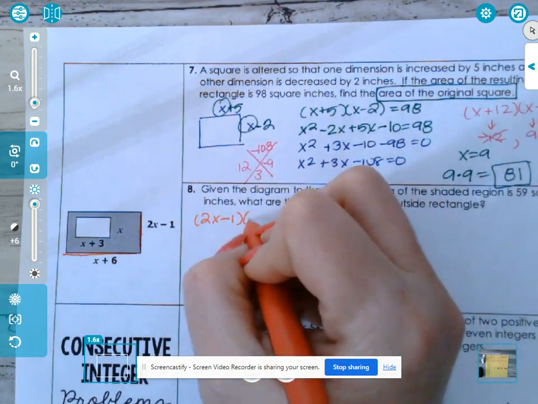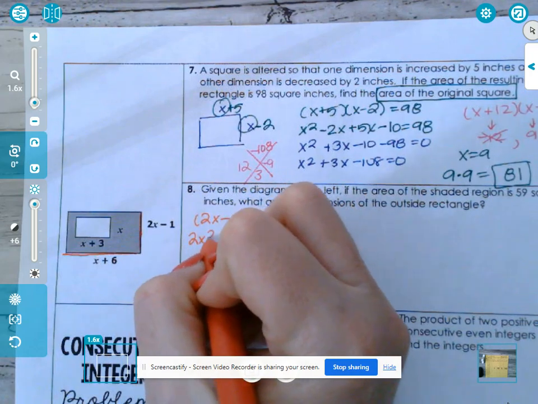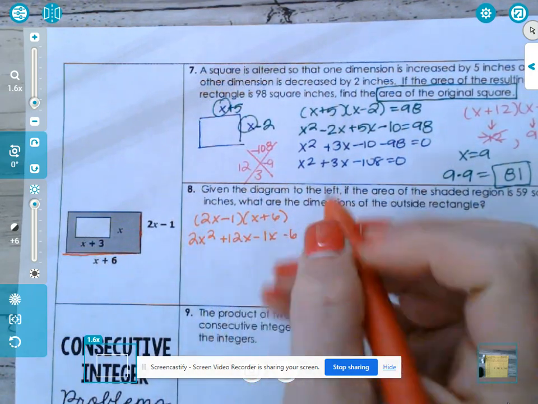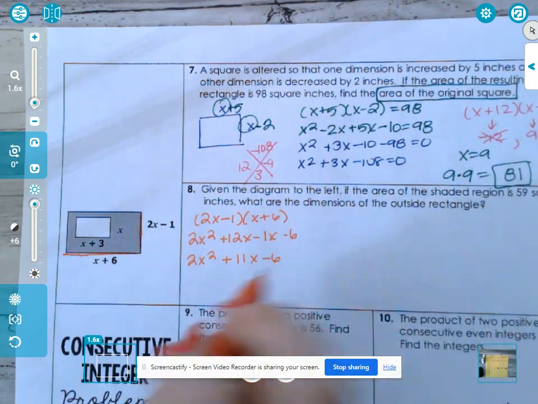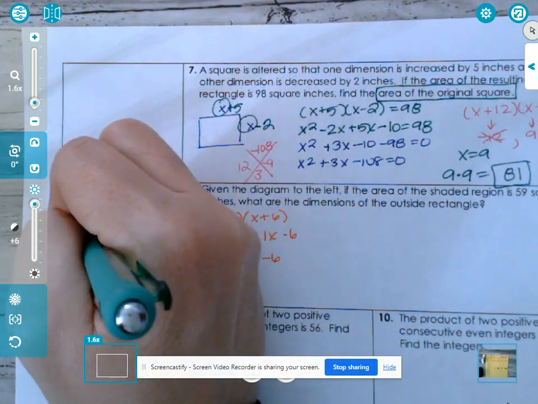Okay, so that's going to be 2x minus 1 times x plus 6. So if I multiply that out, that's 2x squared plus 12x minus 1x minus 6, or 2x squared plus 11x minus 6. So that's the whole rectangle.